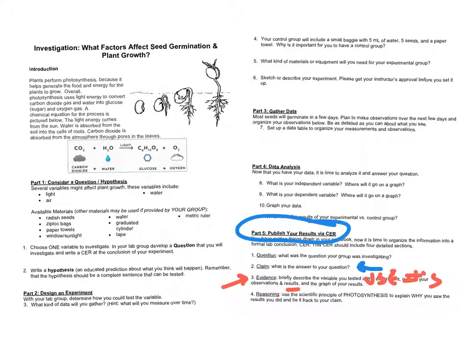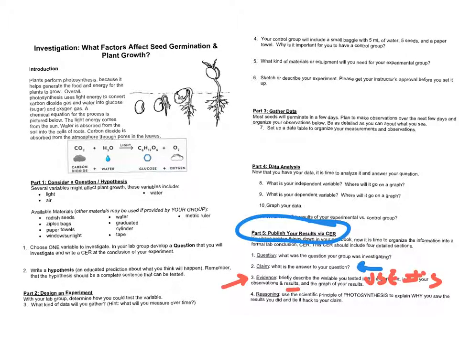You need to tell me how much taller, or you need to give me that the experimental grew 5 centimeters versus the control that only grew 3 centimeters. So we've got to have numbers in your evidence if your lab gathered numbers. Okay, so just keep that in mind.